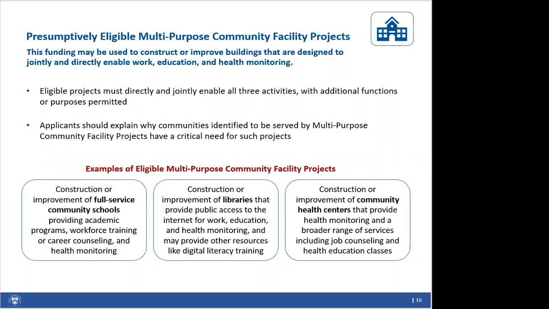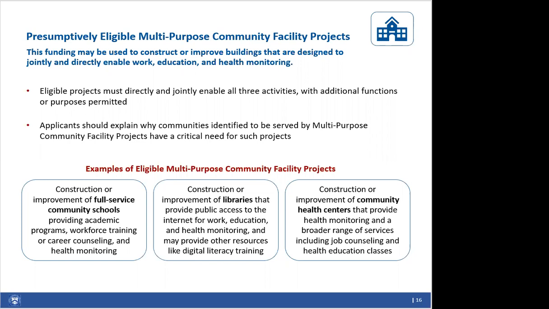So a few examples that are listed on the slide of presumptively eligible multi-purpose community facility projects include full-service community schools that provide an academic program, workforce training and health monitoring programming, a library that provides public internet access for work, school, and health monitoring, amongst additional resources like digital skills training.